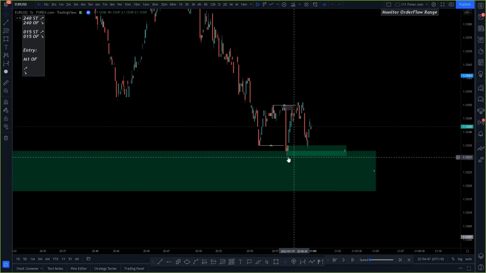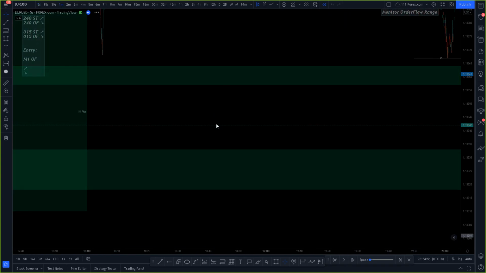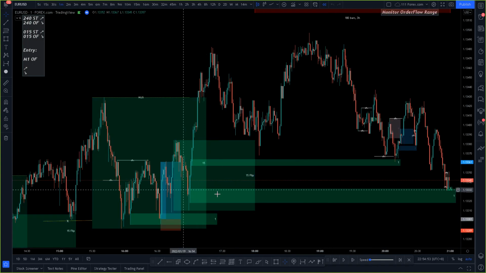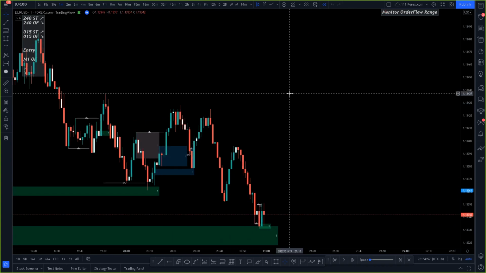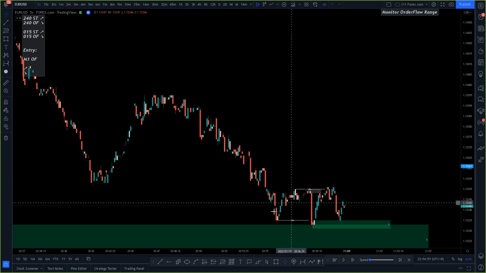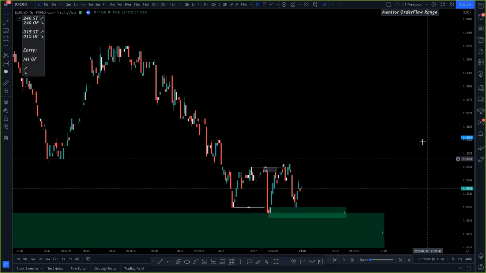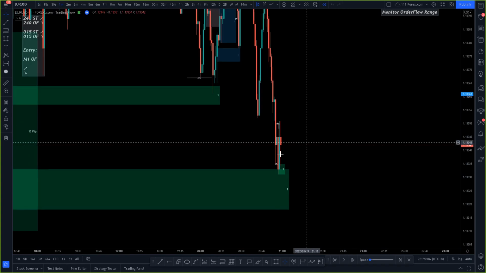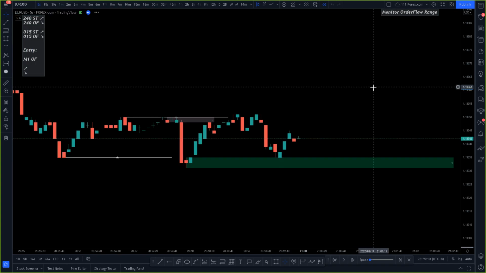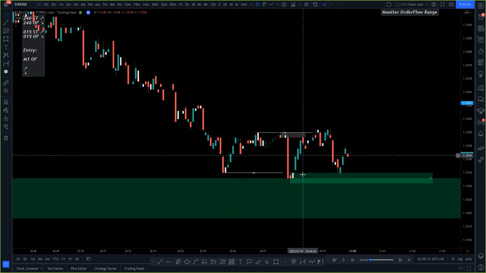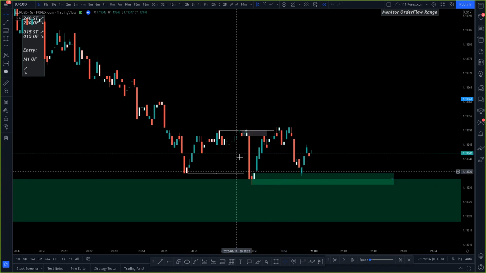Liquidation, mitigation of this mitigated order here. Liquidation, mitigation, change of character, like buy to sell at this M1. I like my M1. Yeah, buy to sell, sell to buy. So this order flow has been interrupted. Choke, change of character, flip.